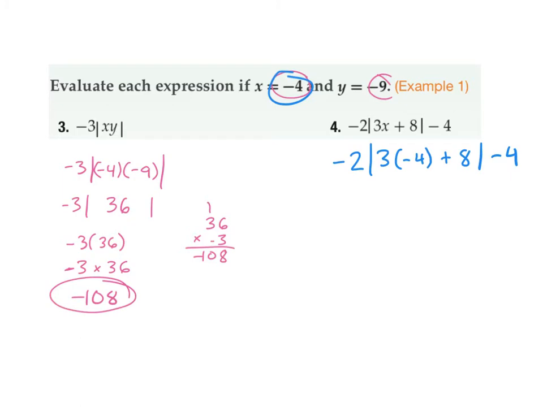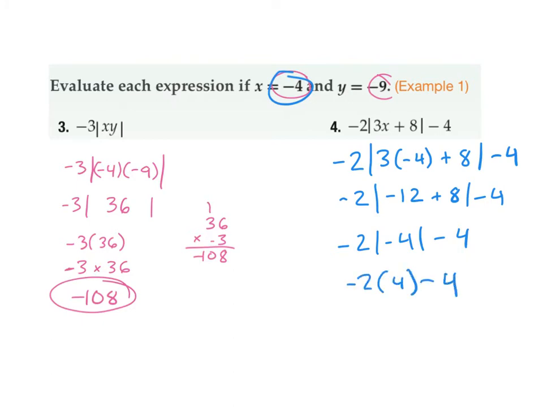Okay, so 3 times negative 4 would be negative 12 plus 8, negative 4. So we have the absolute value of negative 4. What's the absolute value of negative 4? 4. So we have negative 2 times 4 minus 4.